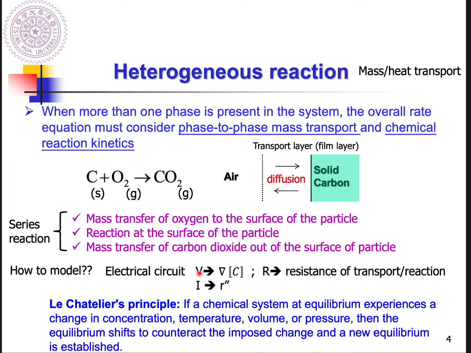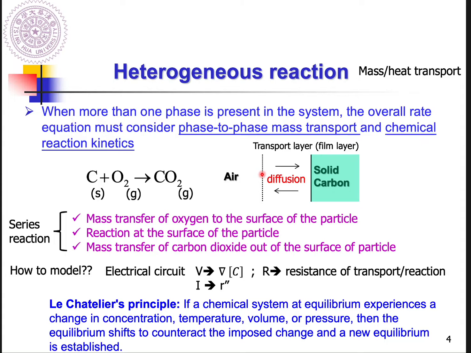So here you can use the same idea to model the overall heterogeneous chemical reaction. For example, the V here is a driving force, right? The driving force for this reaction you can consider as the concentration gradient of the reactant. Here it is the concentration gradient of the oxygen.